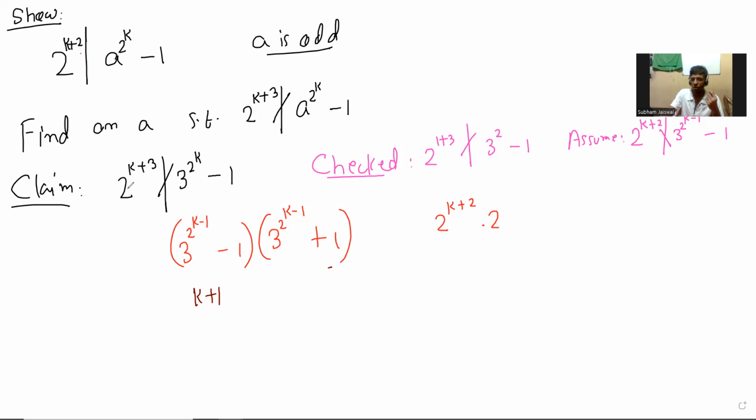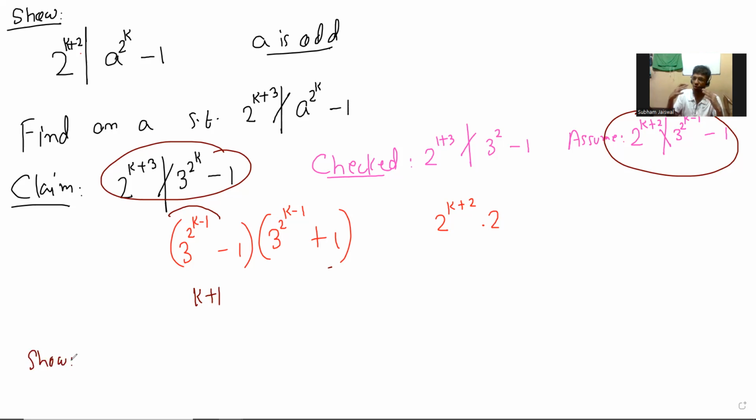So we want to show that 2 to the k plus 3 does not divide this. And we know by induction that 2 to the k plus 2 doesn't divide the first factor. But then we have to show that the second factor is not divisible by 2 square. Otherwise the sum will become k plus 3, right? K plus 1 plus 2.